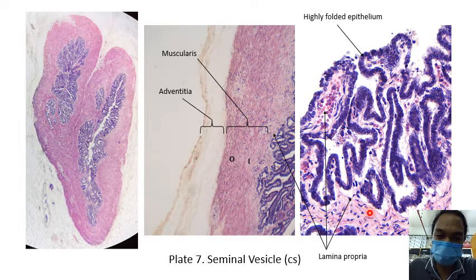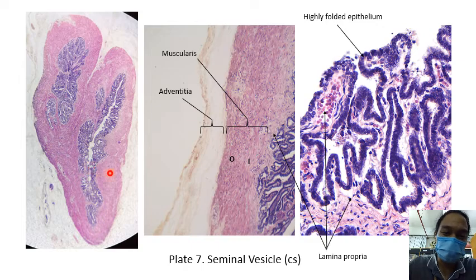You have here the lamina propria. If you can remember the lamina propria of the inner lining, the mucosa of the small intestine, you're familiar that in between here, these are lamina propria. And you have here a layer of the muscularis. You have the internal layer, and then the outer layer, and then the adventitia.